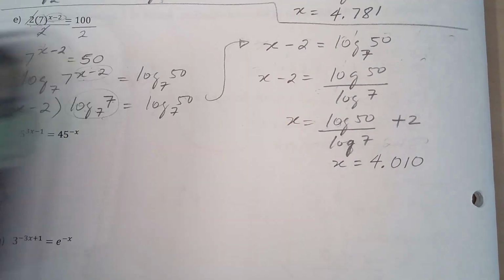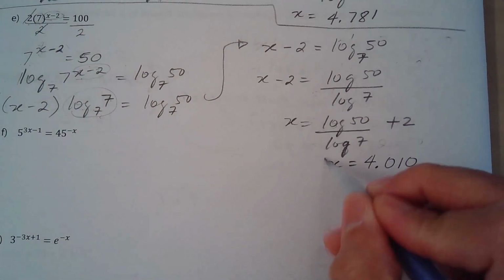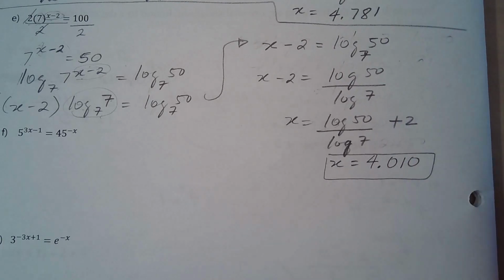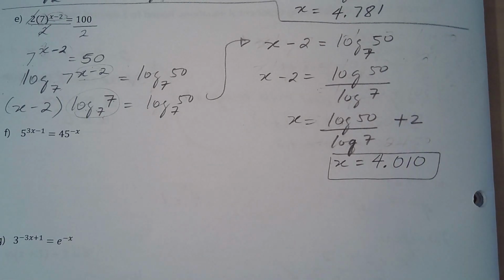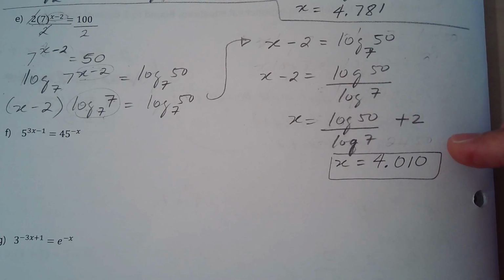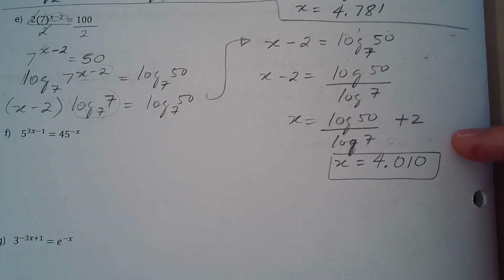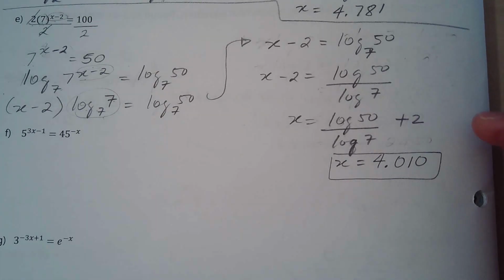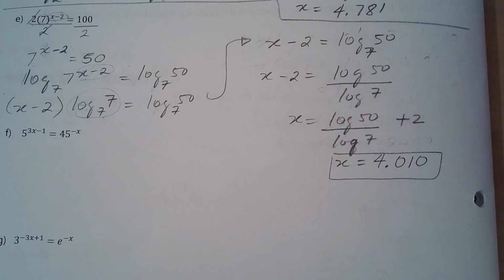Now that one makes more sense. I mean, I got the same answer earlier. Yeah. Even with the typing? Wait, what? Earlier? When we didn't start with log base 7, when we kept it the way it is, you got 4.010? Really?